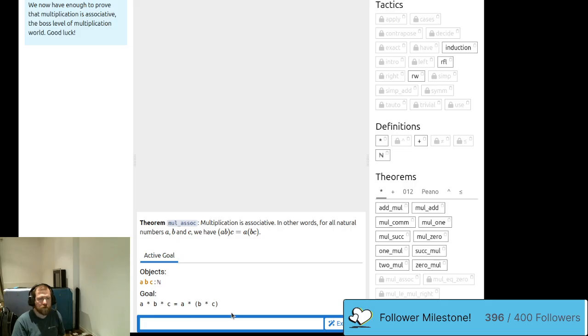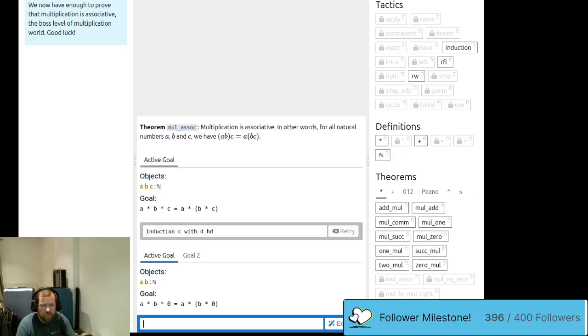Okay, so what we're going to do is induction on variable c. It doesn't really matter which way we go. What this is going to do is create two goals.